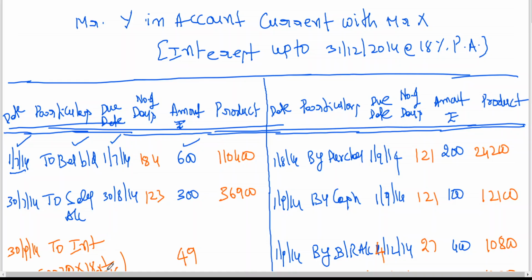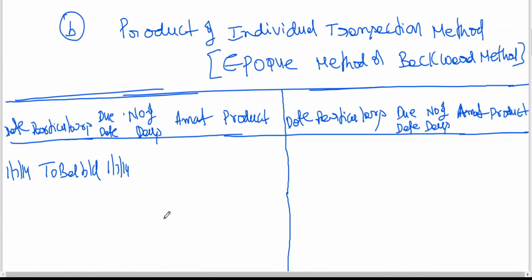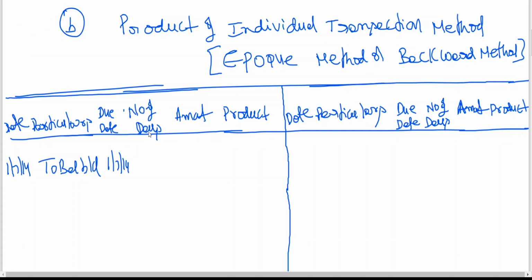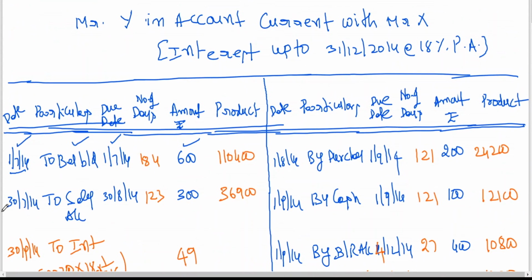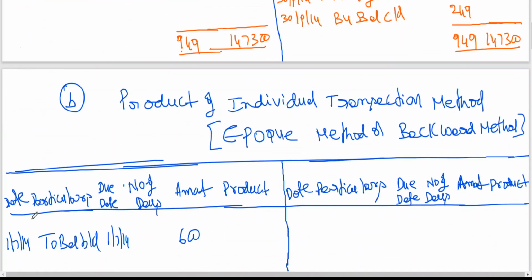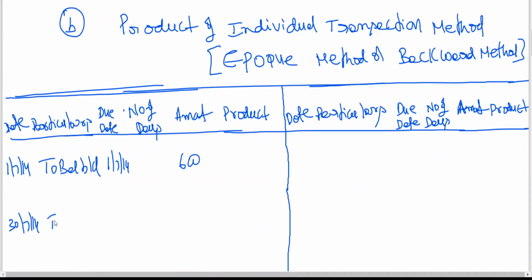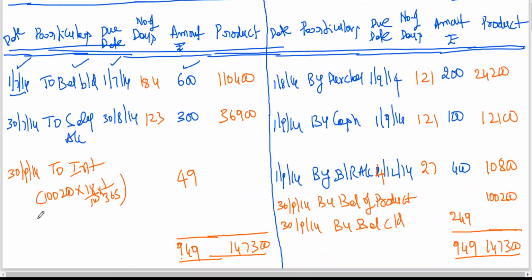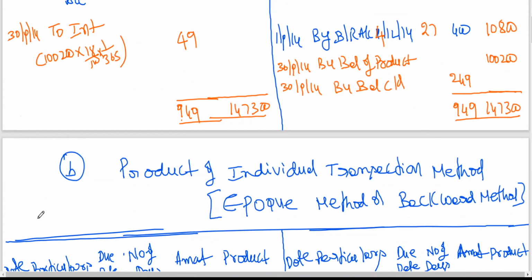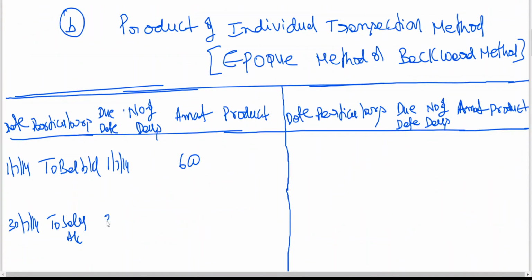So here, 1st July 14, amount is how much? 600. Similarly, chronologically, 30th July 14, to sales account, 30th August due date.